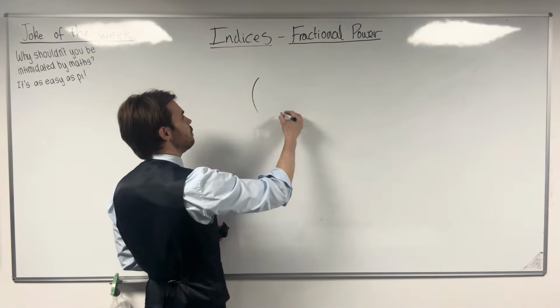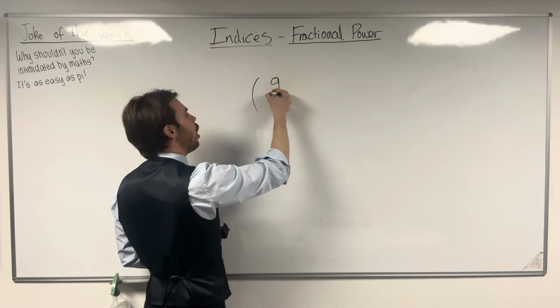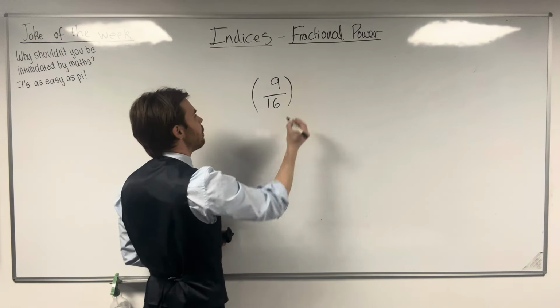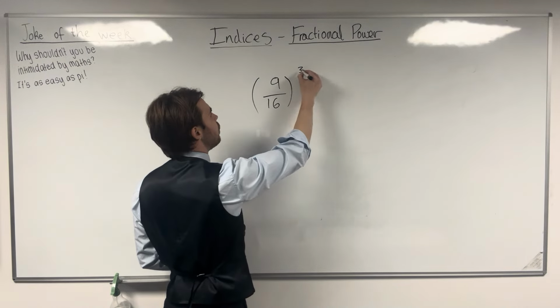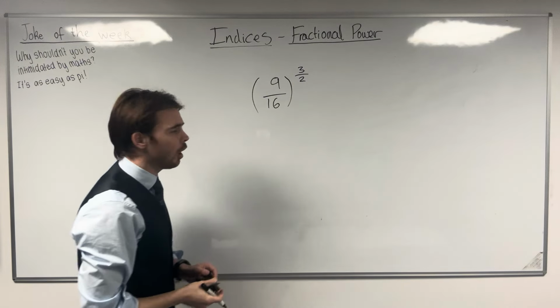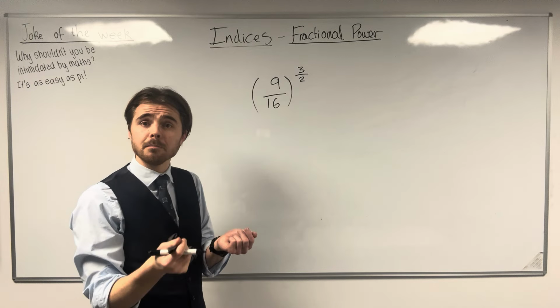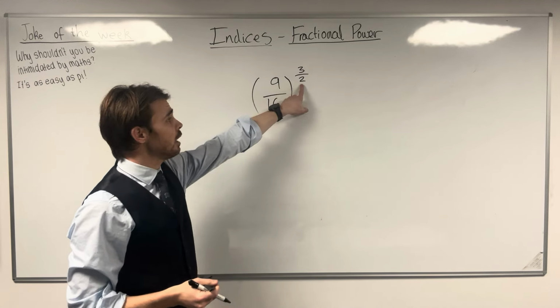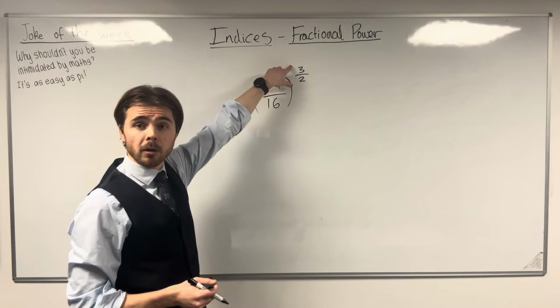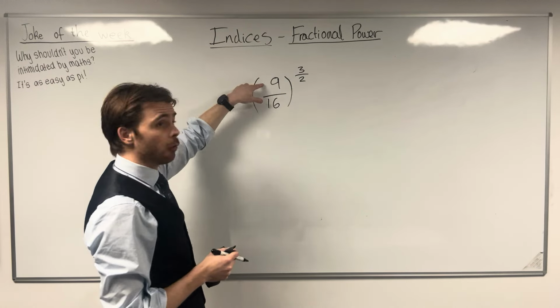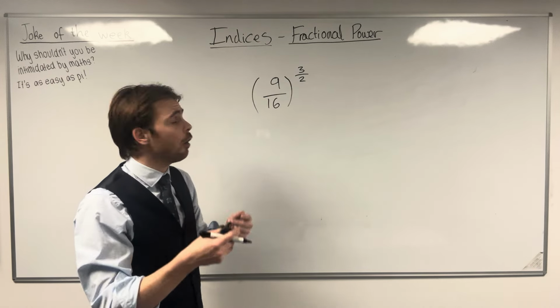So let's say I've got 9 over 16 to the power of 3 over 2. Okay, these are the things that we've been dealing with the whole time. It's the same process. We've got a square root, and then we've got power of 3. So what we do, we square root them, and then we do a power of 3 on them.